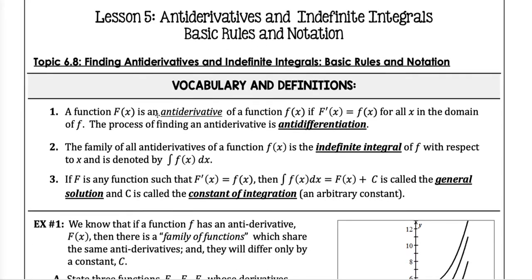Now, a lot of this notation, a lot of these definitions, we've already actually gone over, the terms. Like I did my best to tell you what things were called ahead of time. An integrated answer is sometimes known as an antiderivative, anti-differentiation, or just integral. There are all sorts of different words, and they all mean the same thing.